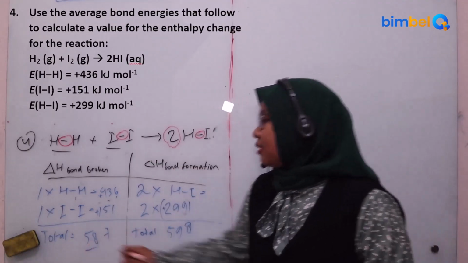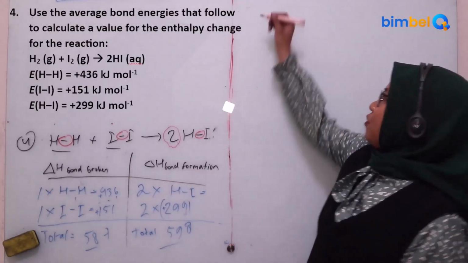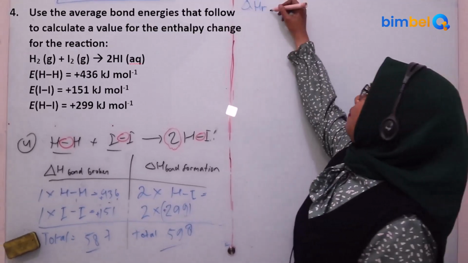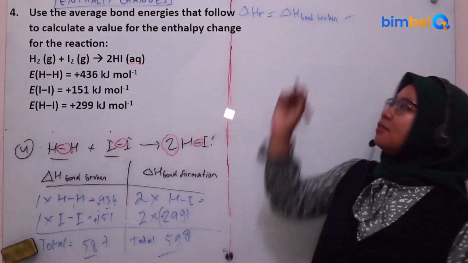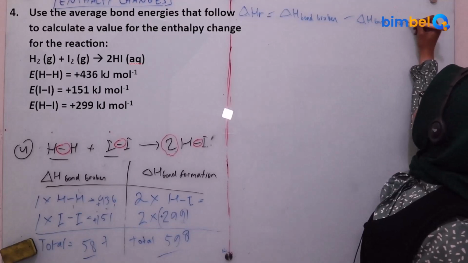So we have delta H for bonds broken, and we have delta H for bonds formed. And for delta HR, we can simply use delta H bonds broken minus delta H bonds formed.